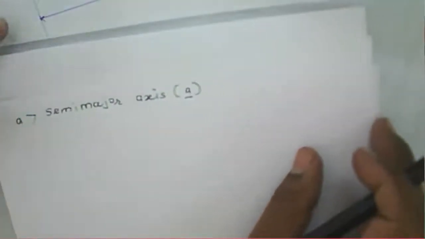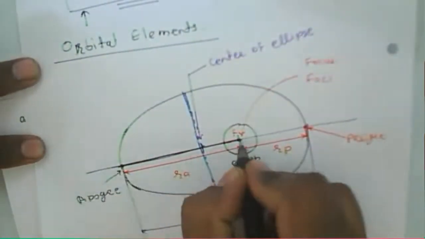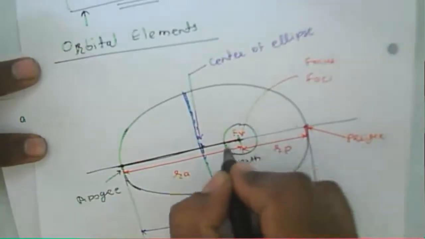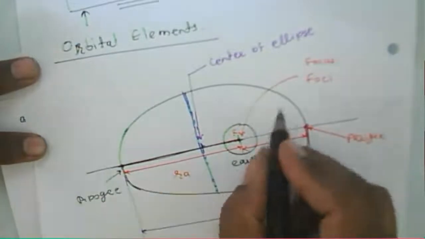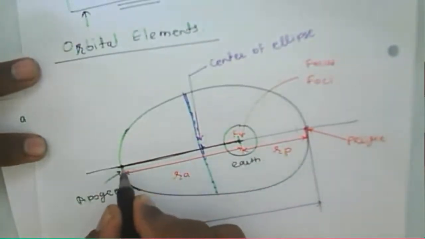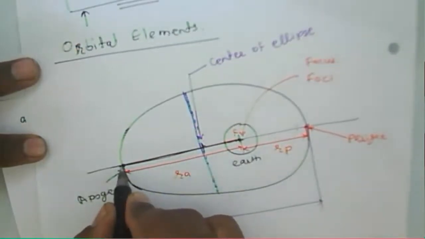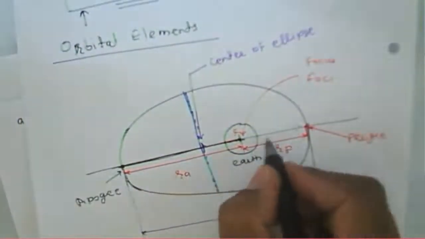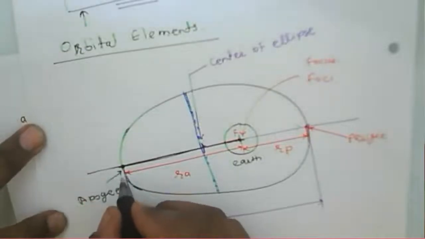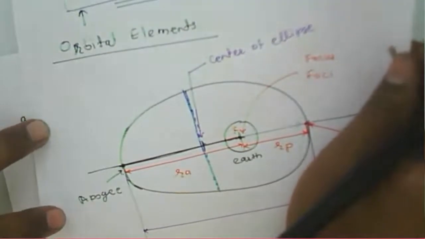As I told you earlier, it is a constant, the sum of the major axis and minor axis radii, meaning the maximum radius of the ellipse here and the minimum radius of the ellipse here, on this particular axis. This is the maximum, and this is the minimum radius.